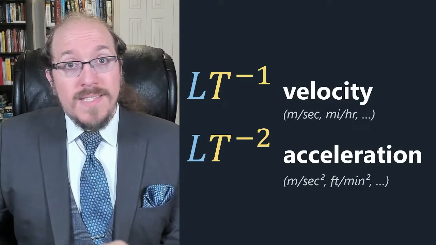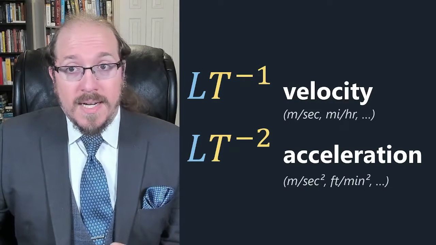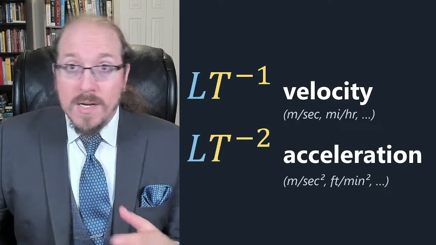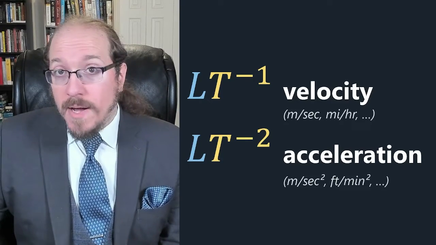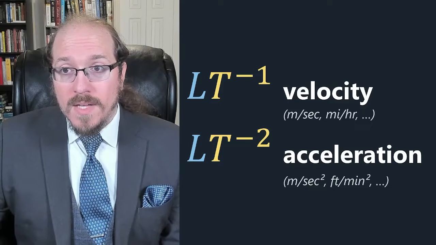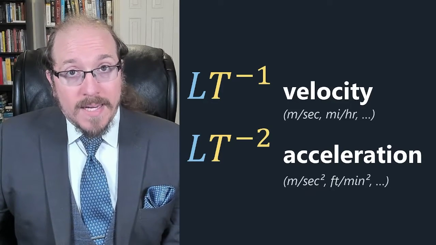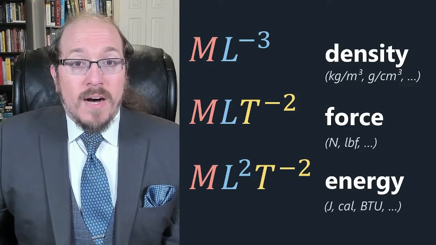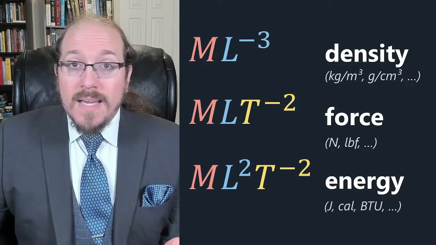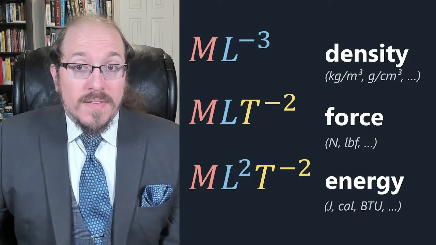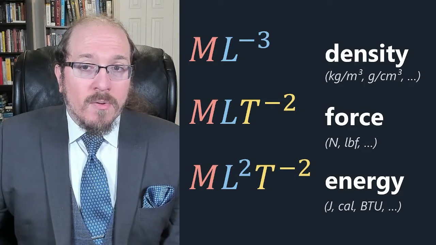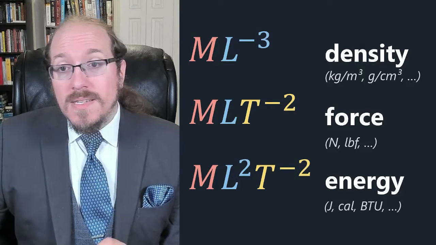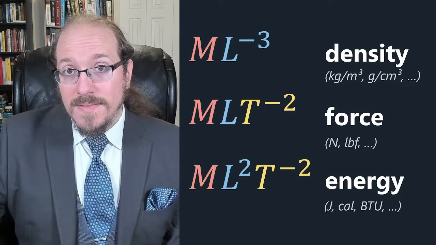Then acceleration is change in velocity per unit of time, like meters per second per second, which we usually write as meters per second squared. So there, time gets a power of -2. And that's just the beginning. Lots of other mechanical quantities such as density, force, and energy can be found in this way. And they all have a variety of units we often use to describe them in different applications.